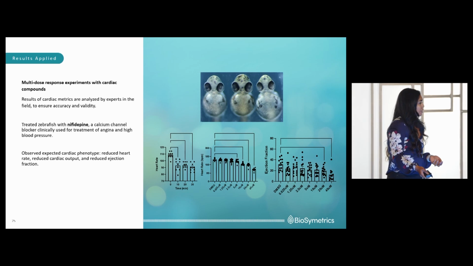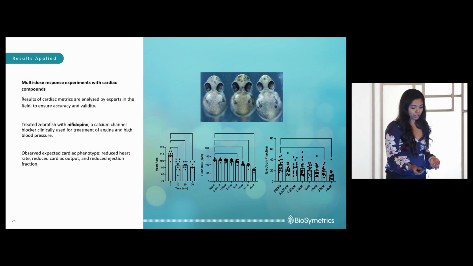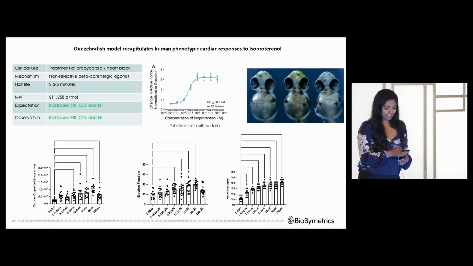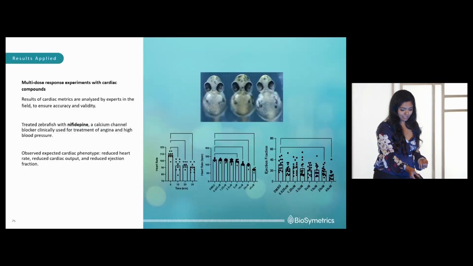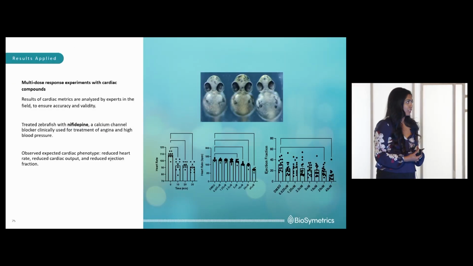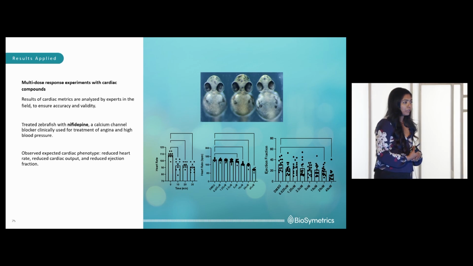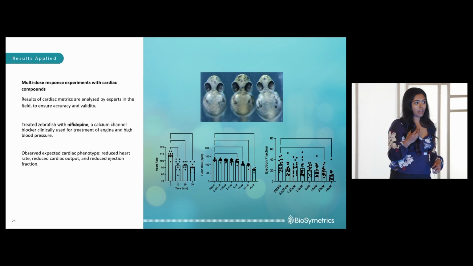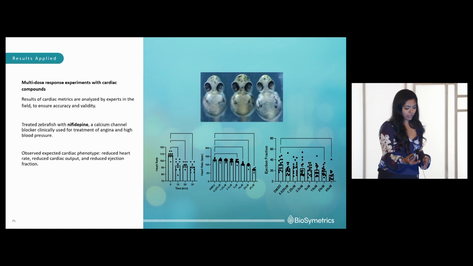Now, we didn't stop just there. We also looked at dose responses. So we wanted to ensure that whatever chemical compounds we're looking at, as we increase the dose, we see a similar trend. In terms of this image here, you can see that as the dose is increased, the trend still follows.